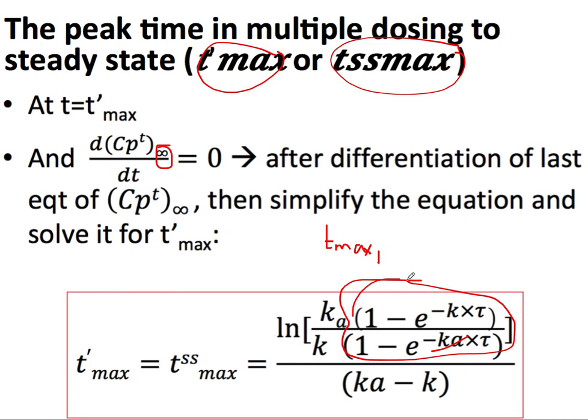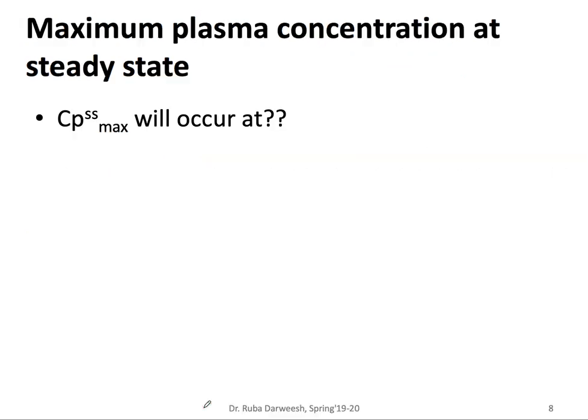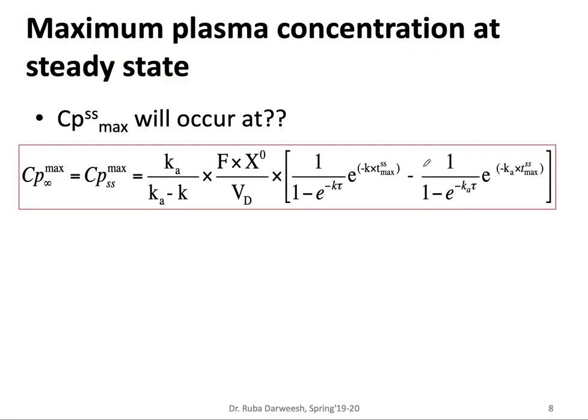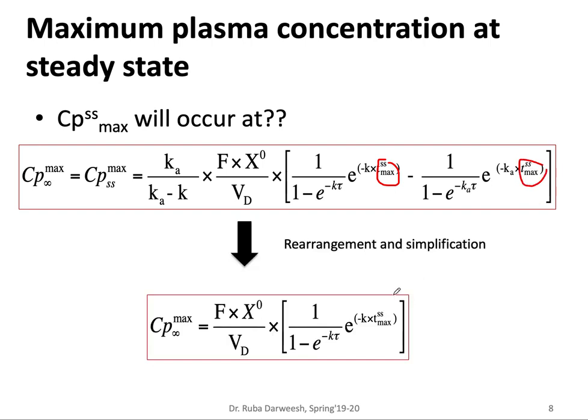Okay, so first of all, to determine the concentration at steady state, you need to determine Tmax at steady state, and then accordingly, you will just substitute Tmax for the time. You can use either this equation or rearrange it into shorter equations, and you will have both of them. Okay, you will have the general one and you will have this.